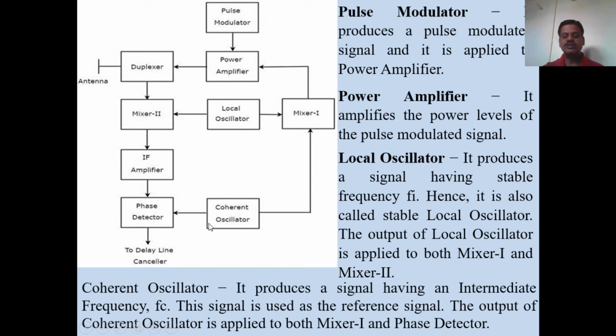Actually, this frequency is known as the reference frequency, or the signal produced by the coherent oscillator is known as the reference signal, and the output of this coherent oscillator is connected to mixer 1 and also the phase detector. For both the phase detector and mixer 1, the coherent oscillator feeds its frequency.